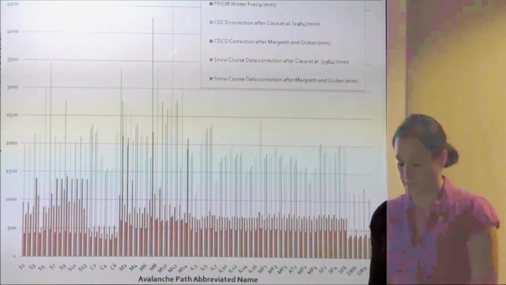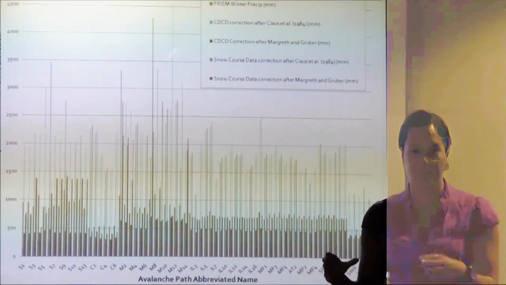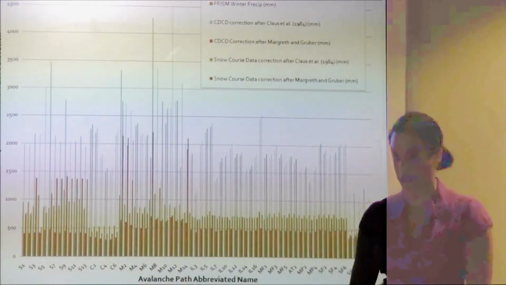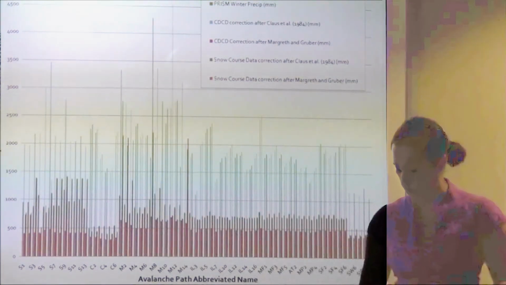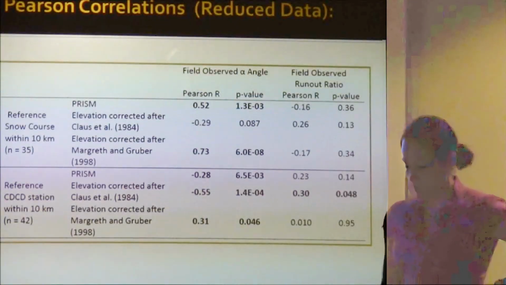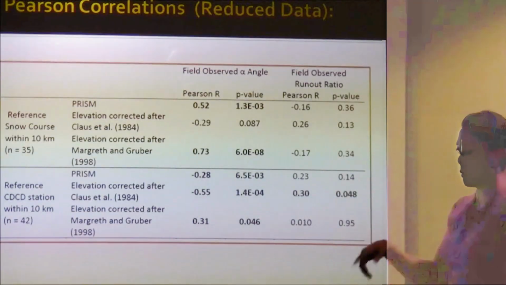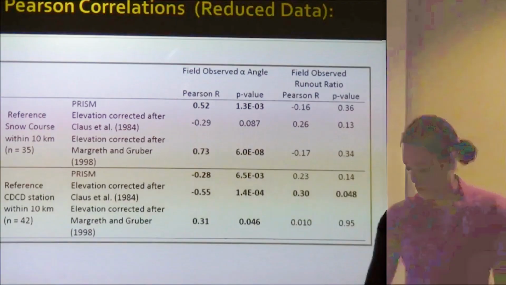But I took this data anyway, and we reduced the data set down to sites that had really close data, say within 10 kilometers of the avalanche path, instead of some sites where we were working with data 30 kilometers away. Once we reduced this data set, we could look at just the Pearson correlations between our runout parameters and our snowfall, just to see what relationship existed there.